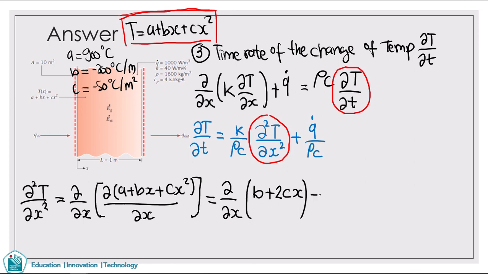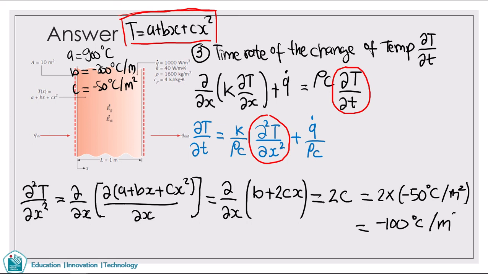And we derive one more time, so we will have only 2c, and putting in the value of c, we have 2 multiplied by minus 50 degrees C per square meter. So we will have minus 100 degrees C per square meter.